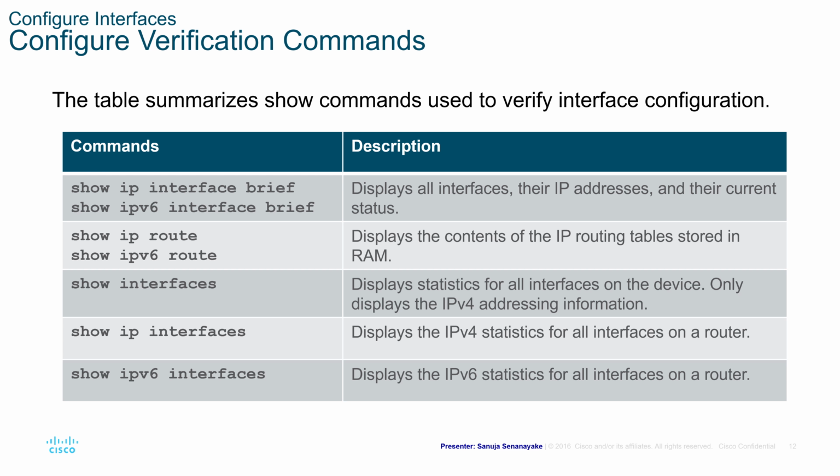Show IP interfaces displays the IPv4 statistics for all interfaces on a router, while show IPv6 interfaces displays the IPv6 statistics for all interfaces on a router. So these are the key concepts that you should be familiar with as we move forward in these modules.